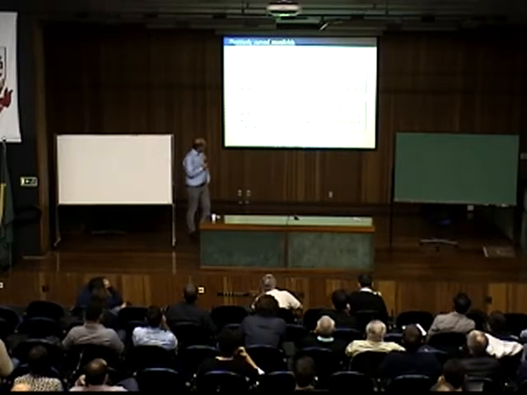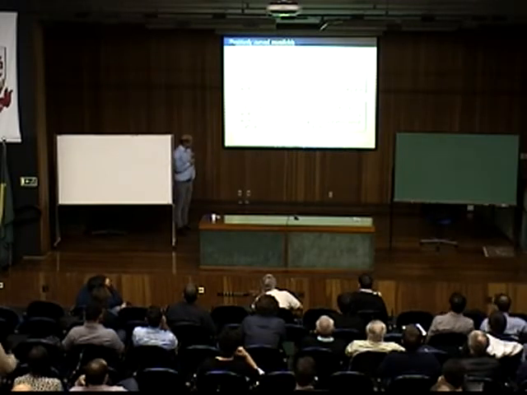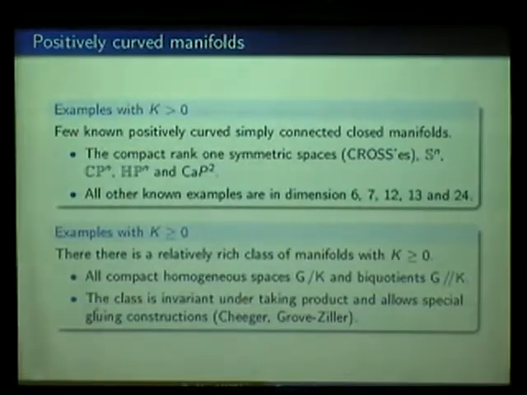And all other known examples are only in very few dimensions, so in dimensions 6, 12, 7, 12, 13, and 24. And only in the two odd dimensions there are infinitely many. So in all other dimensions there are only one or two examples. Right. So that's one thing.